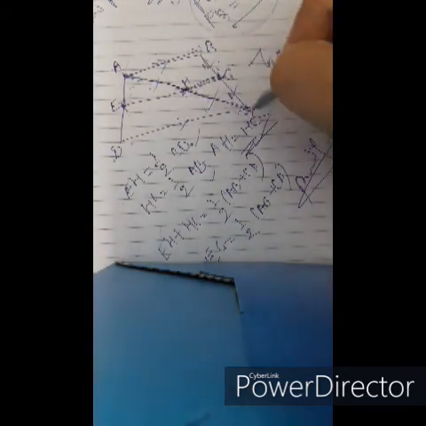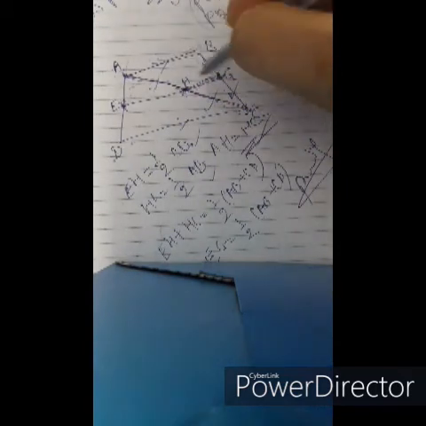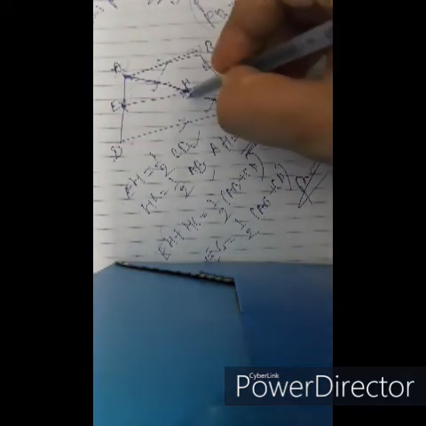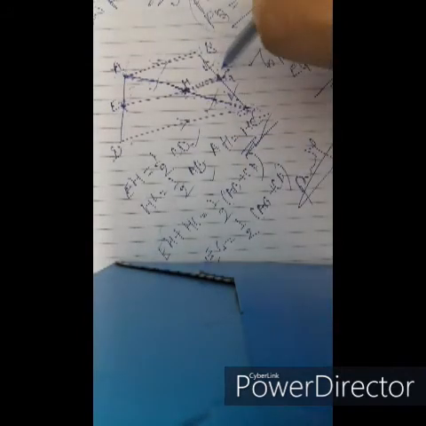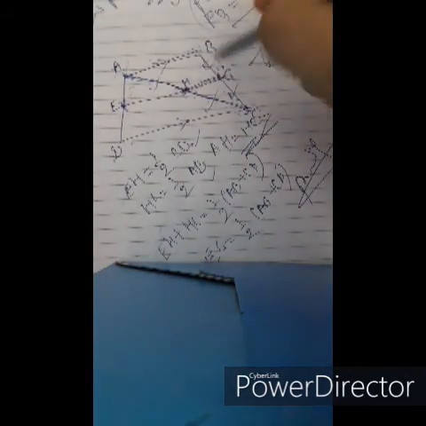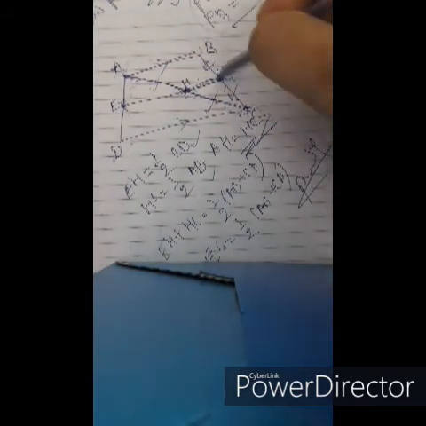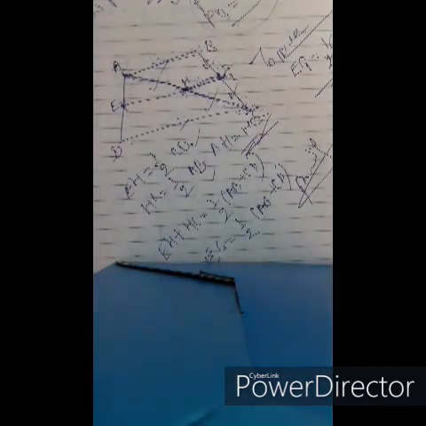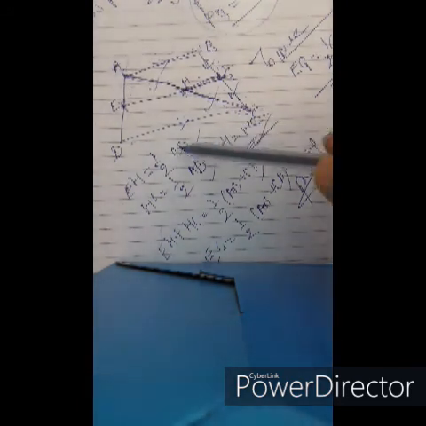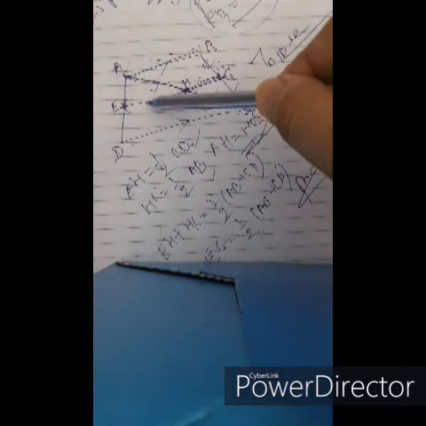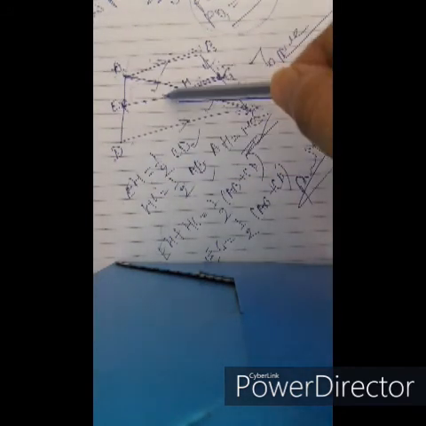Now taking triangle CAB only, we take the converse of the midpoint theorem. H is the midpoint of AC, G is the midpoint of BC, and HG is parallel to AB, so we get HG equals half of AB. So equations 1 and 2: equation 1 we got from the first part, EH equals half of CD.